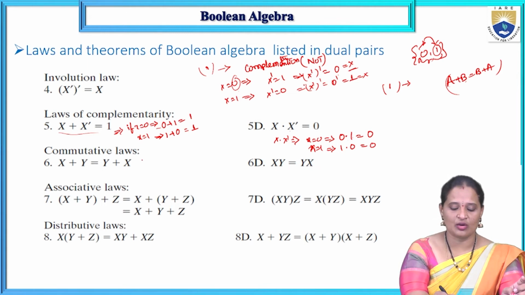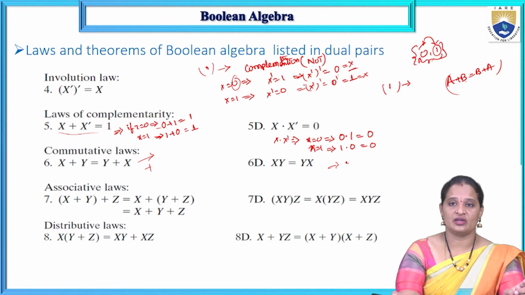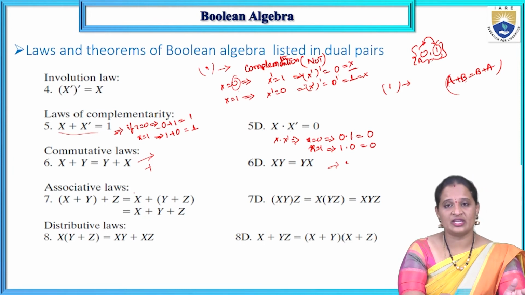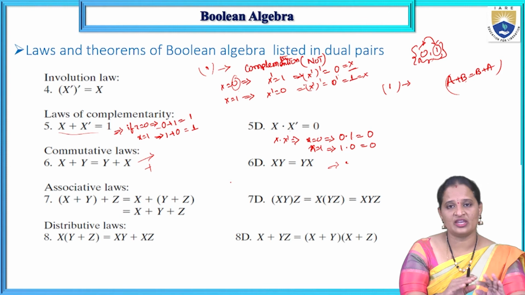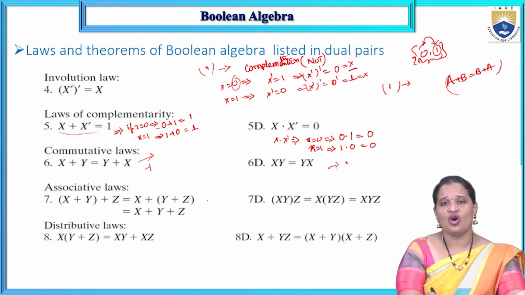That means this is the commutative law with respect to the plus operator, and this is the commutative law with respect to the dot operator. Now the associative law. That is x plus y plus z is equal to x plus of y plus z. So here also we can interchange the operations.